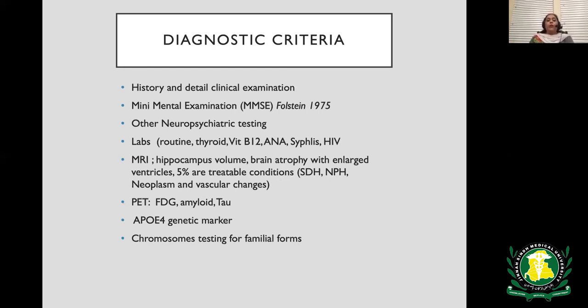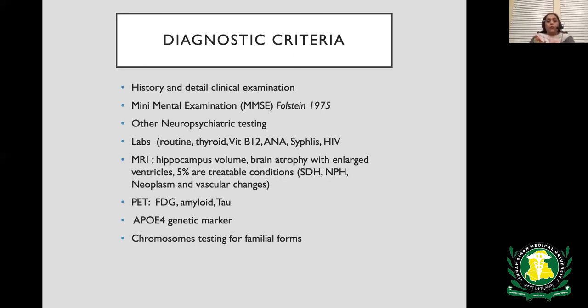They found that while carrying out these MRI tests, 5% of these cases are treatable conditions, for example subdural hematoma, normal pressure hydrocephalus, some brain tumors, and some vascular changes.